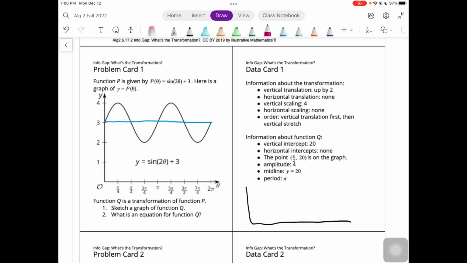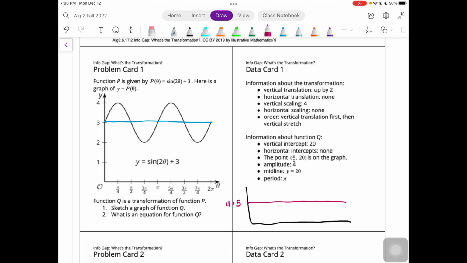So now, there's our midline, and it looks like it's at 5, but remember we are vertically stretching by a factor of 4, so it's actually going to be at 20 because 4 times 5 is 20, right?